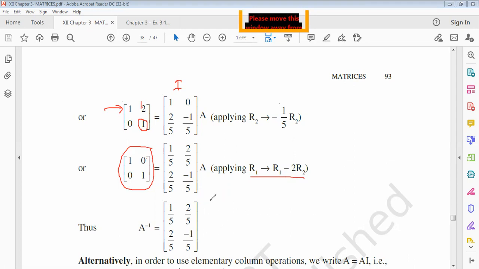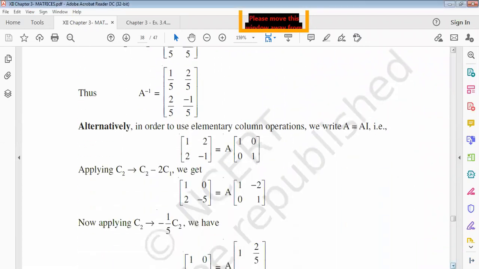Now this is the value of A inverse, because we know that A into A inverse equals I, by which we can say the matrix on this side of A becomes the inverse of the given matrix. So this is the way in which we find the inverse by applying the row transformation.